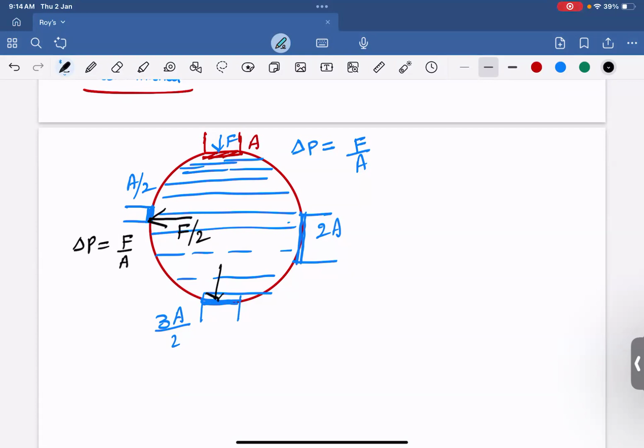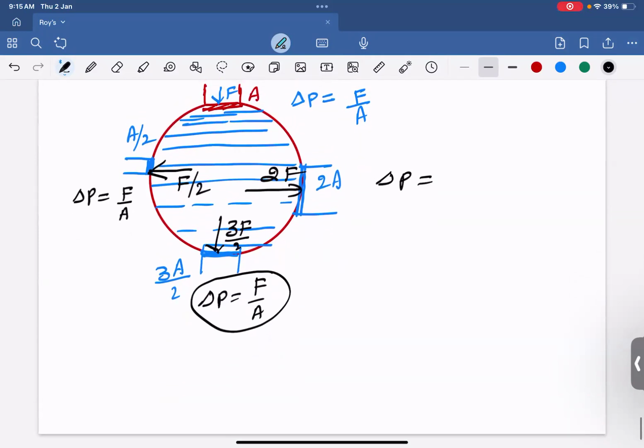So here the liquid will apply how much force? 3F by 2. If you divide, then here also the pressure is the same. Without getting diminished, the same pressure is moving to all parts of the liquid. And here it should be 2F because the area is 2A. So here also delta P will be equal to F by A.